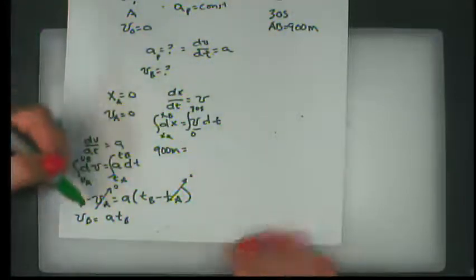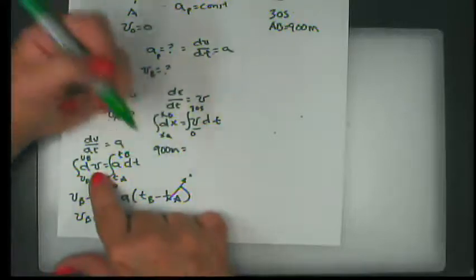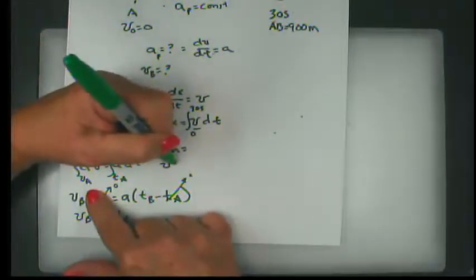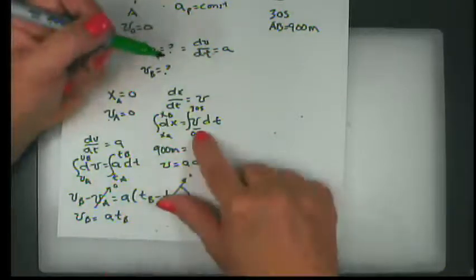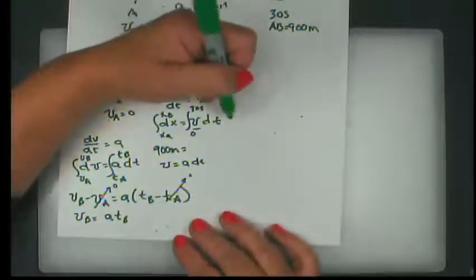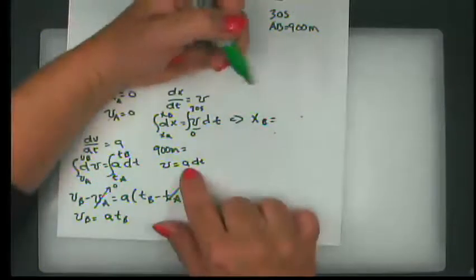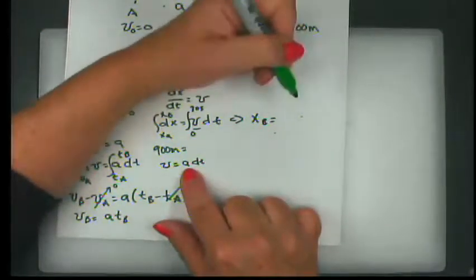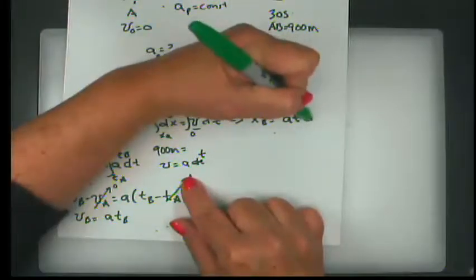Okay? So if we could just use this as a function and say v is equal to a dt, we could put that in there. So we could just say that x sub b is equal to a times, I'm sorry, that shouldn't be, times t dt.